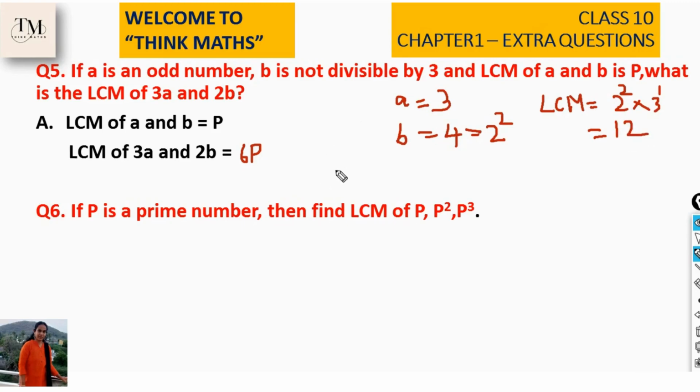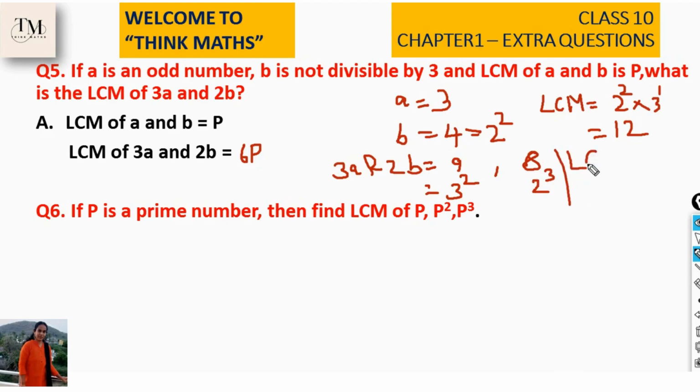Okay. Now 3A and 2B. 3A, so 3 into A is 3 3s are 9, and 2B, 2B means it is 6. No, 8. 2 into 4, 8. So 9 can be written as 3 square, and 8 can be written as 2 to the power 3.